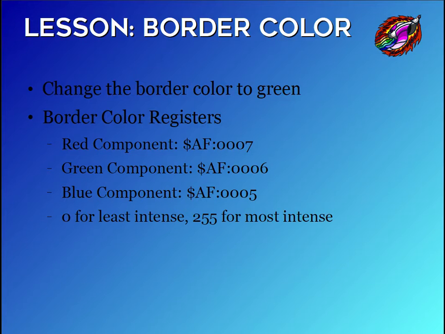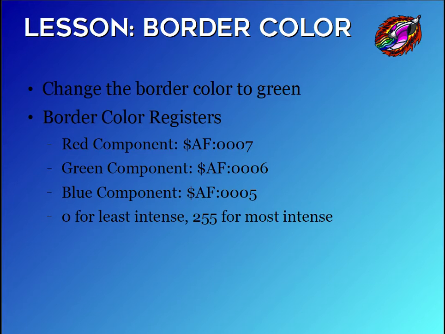If that byte is a 0, that particular component is off. You don't get any contribution from that color into the final color of the border. If it's 255, it's at its most intense setting. So if you wanted a red border, you would set the red register to 255 or something like that, and the green and blue component registers to 0.